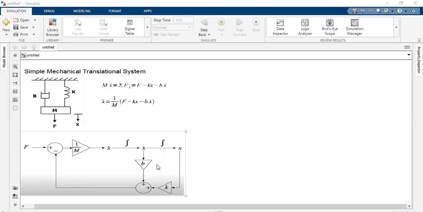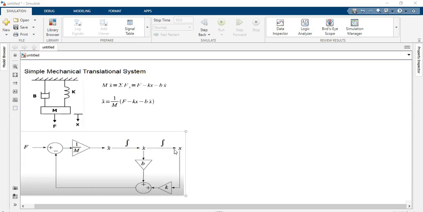In the block diagram, the input is the applied force, and the output is the displacement, which is x. Now we are going to represent this equation in terms of blocks. This is your applied force, and F minus kx minus bx dot we are going to represent now. In order to get minus kx, we take the feedback from x, which is multiplied with k, and given to a summing point.